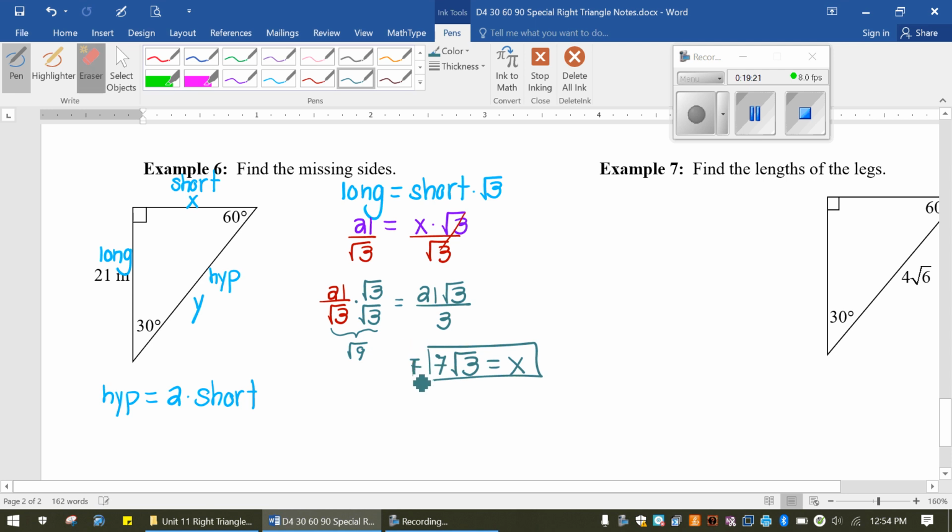Okay, so that's what we're going to use to find the hypotenuse. All right, so back over here, hypotenuse, which is y, is 2 times the short leg we just found by rationalizing, 7 root 3. Multiply those numbers only in front, 14 root 3.